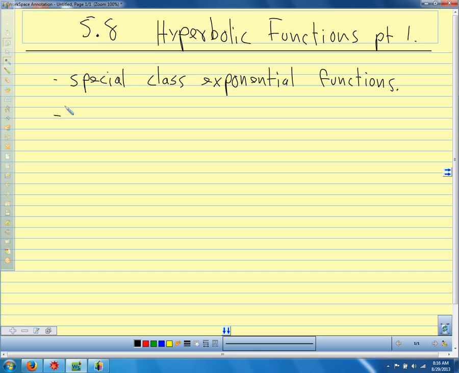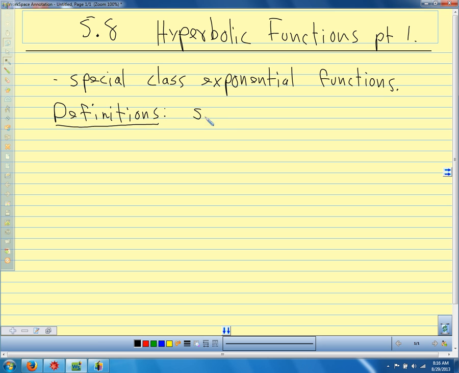And we'll talk at the very end about why we call them hyperbolic functions, because at first it's not really obvious. So let's do the definitions first. So we're going to define our hyperbolic functions. And once we write our definition, you'll see why we want a shorthand.